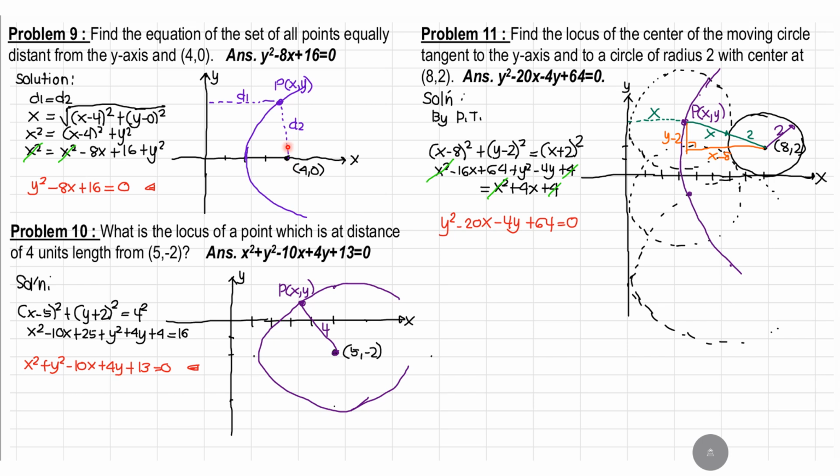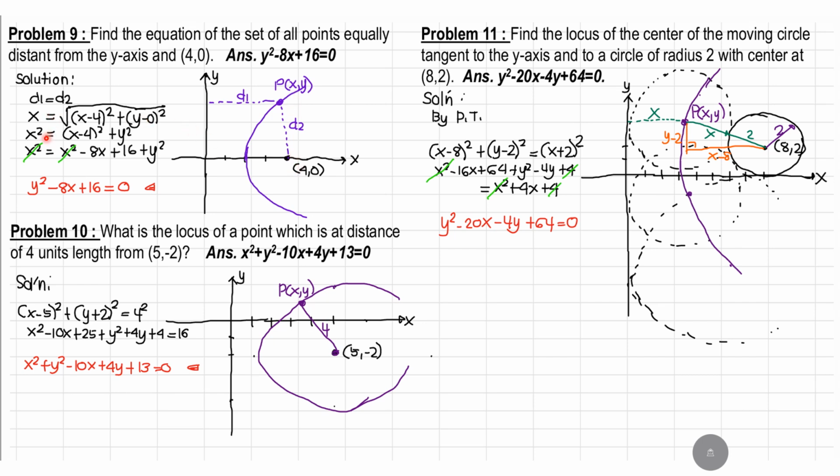While d sub 2 is the distance between 2 points, by the Pythagorean theorem, square root of quantity x minus 4 square plus quantity y minus 0 square. So distance 1 equals distance 2. Distance 1 is just x, and distance 2 is the square root of quantity x minus 4 square plus y minus 0 square.